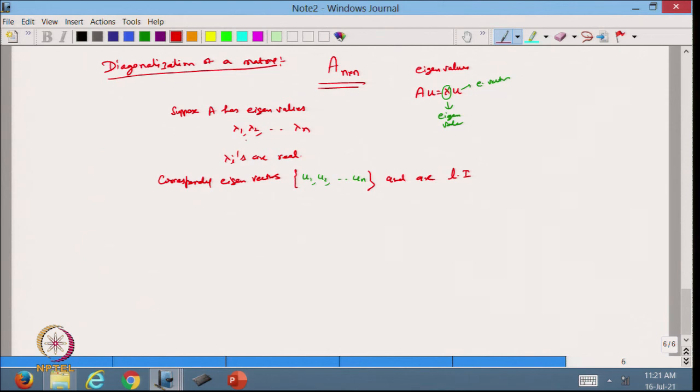I know that if the eigenvalues are distinct, then definitely these eigenvectors will be linearly independent, but even if some eigenvalue is repeating, we are still able to find vectors which are linearly independent.